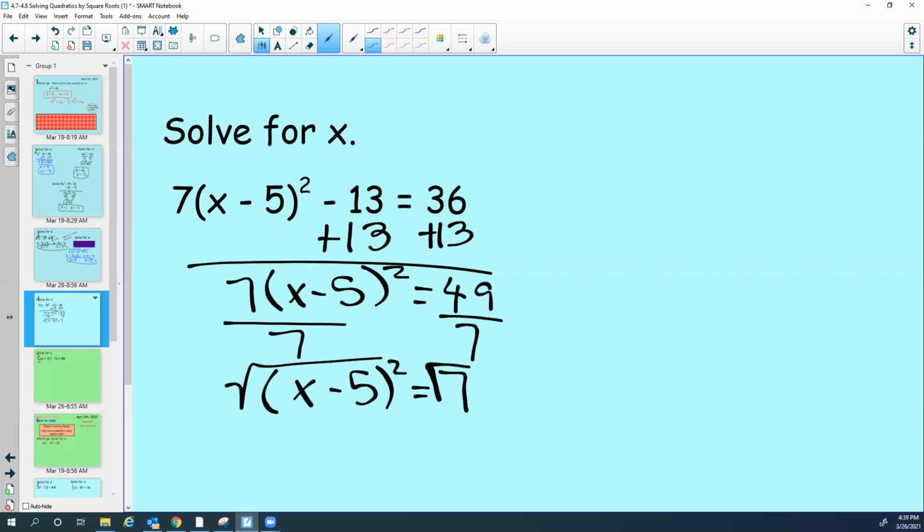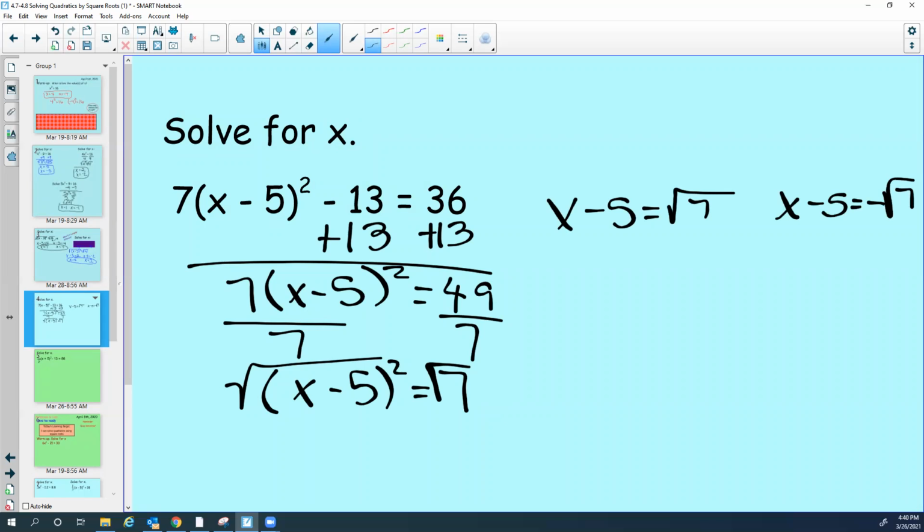Take the square root of both sides. Now this time, it's a little bit different because I have the square root of 7. 7 is not a perfect square. So what happens in that case? Well, what happens is I get x minus 5 equals the positive square root of 7, and x minus 5 equals the negative square root of 7.